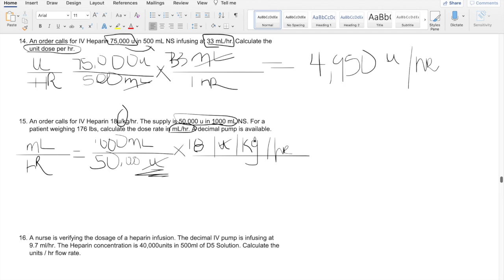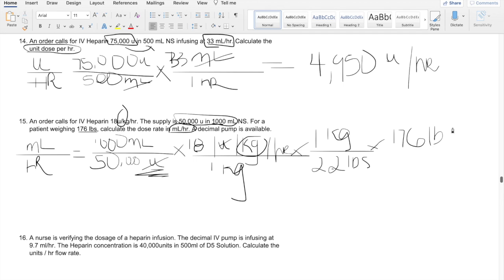So we're going to put 1 kilogram on the bottom. And as we know, 1 kilogram is equivalent to 2.2 pounds. And in order to cross out the pounds, we're going to have to use 176 pounds and cross out the units. And that's going to be over 1 hour.